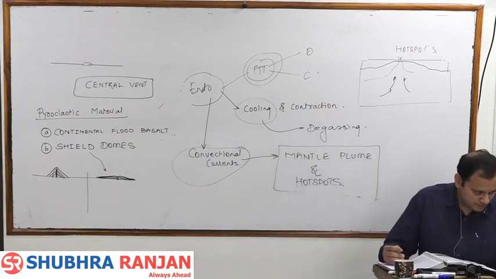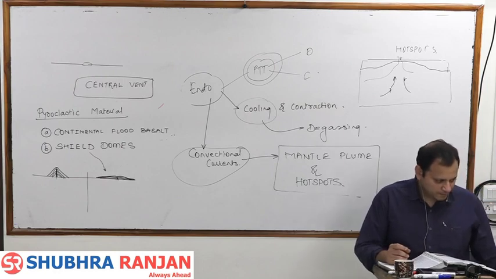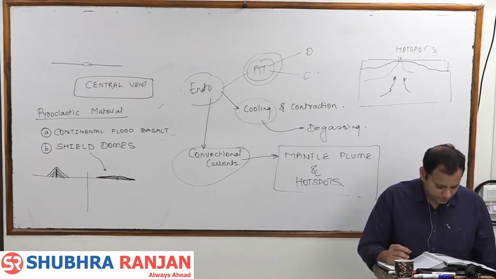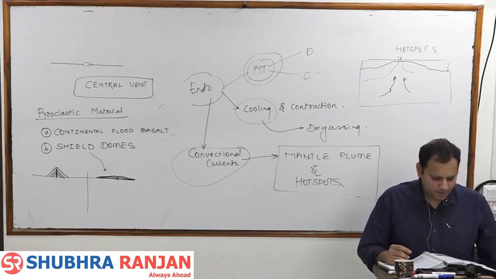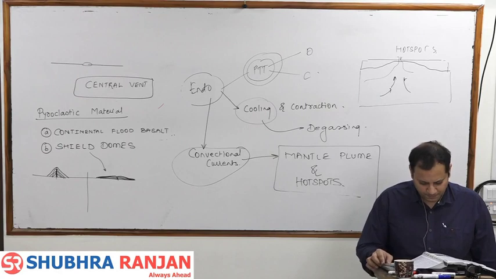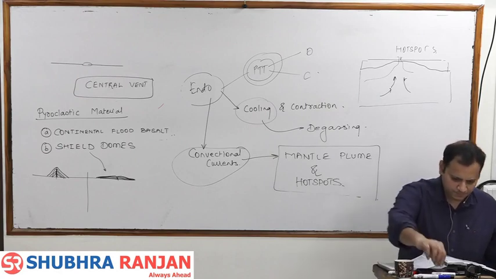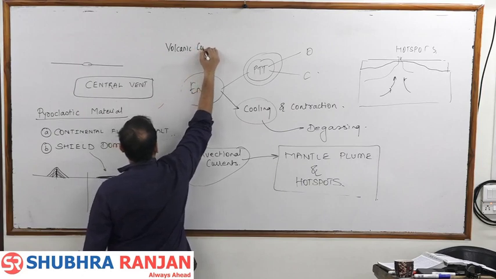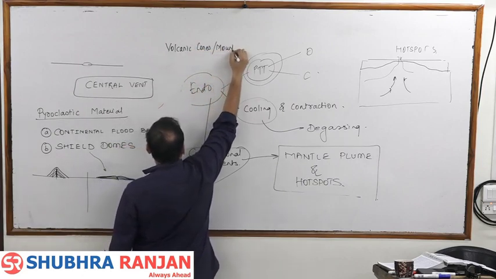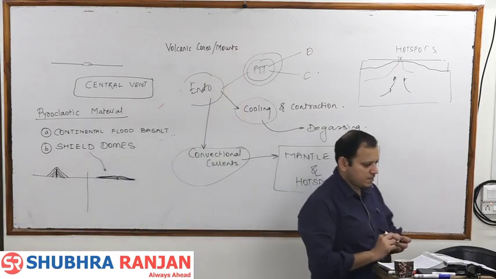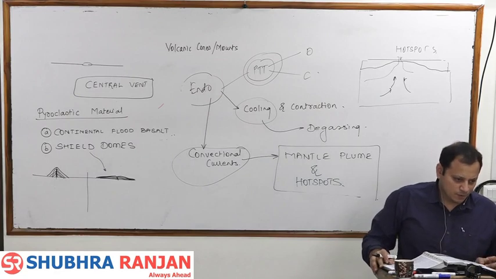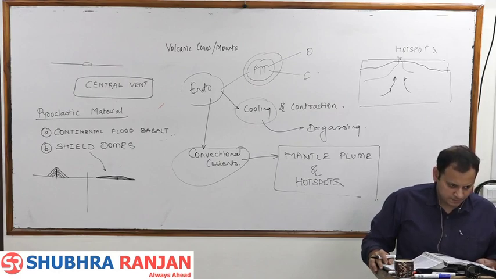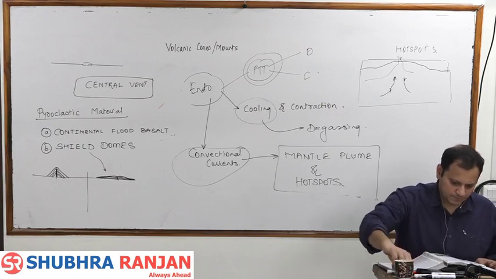Erupts with huge amount of pyroclastic material, solidifies quickly to form extrusive features such as volcanic cones or mountains, comma, crater lakes, full stop.